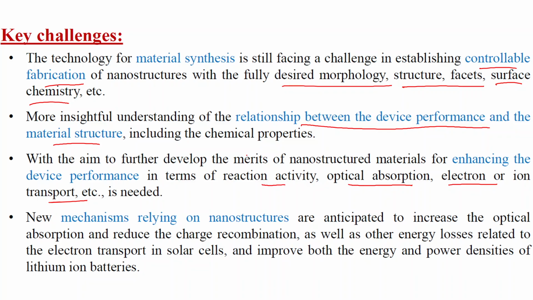Otherwise, we need to introduce more than one kind of nanoparticle. New mechanisms relying on nanostructure are anticipated to increase the optical absorption and reduce the charge recombination as well as other energy losses related to electron transport in solar cells, and improve both the energy and power density of lithium ion batteries. So there are various challenges associated with nanostructures which we need to address.